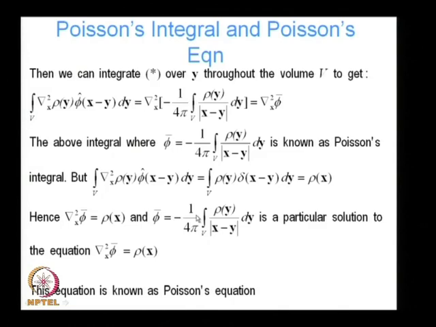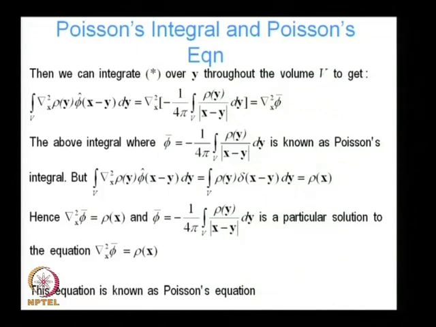All I need to do is evaluate this integral, rho of y divided by mod of x minus y, where x is the point where I want to solve Poisson's equation. That is my solution, and that is actually a particular solution to this equation.